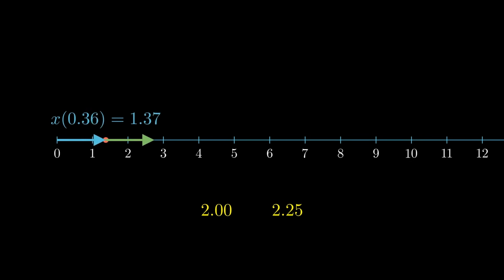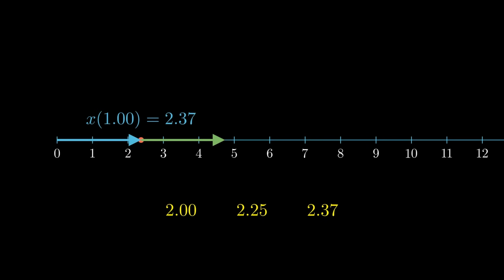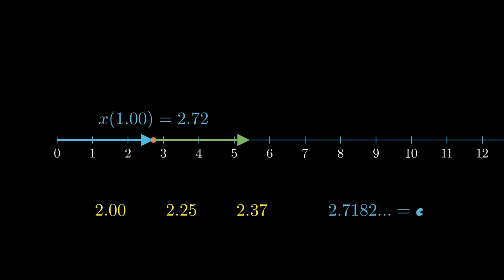Now let's do the same thing, but now we measure 3 times, moving a third of a unit of time at each step. If we continue this process, increasing how many times we measure the function, our approximations get better and better, and in the continuous case, we get exactly what we want, the value of e.